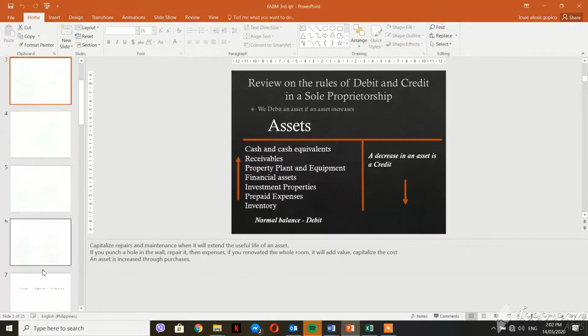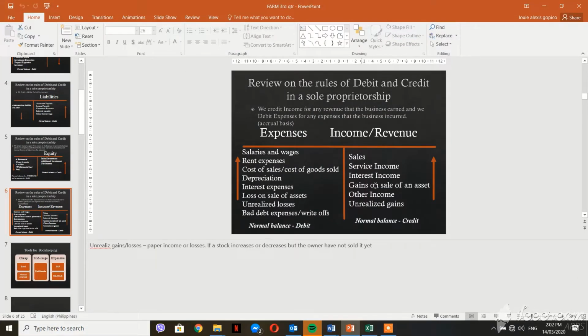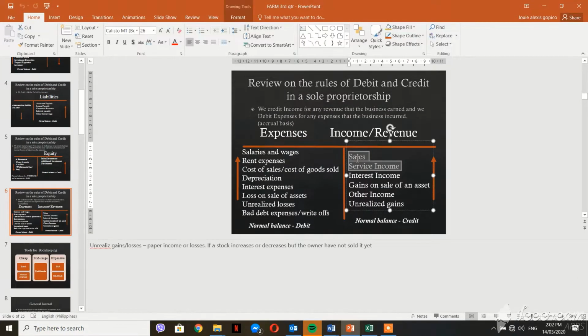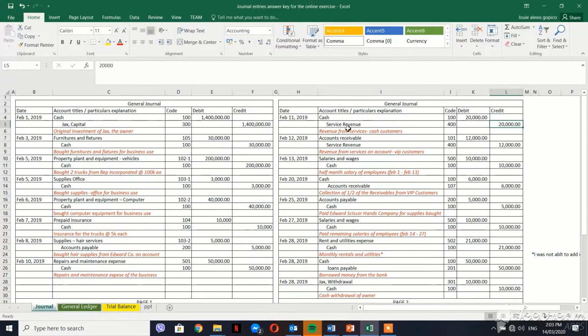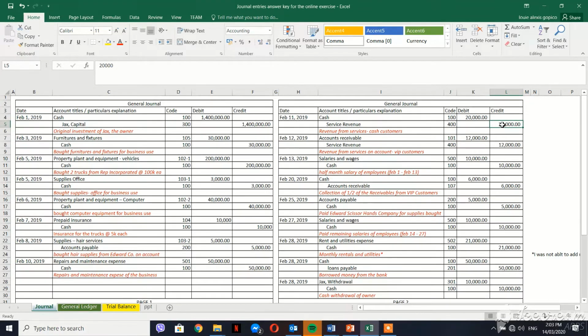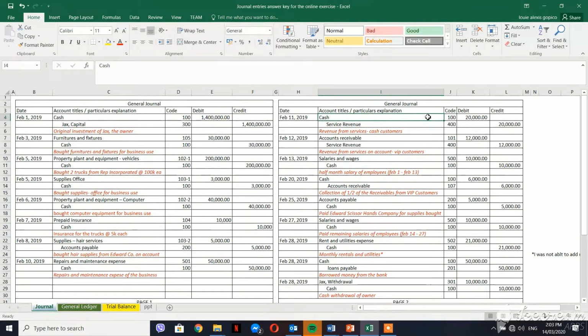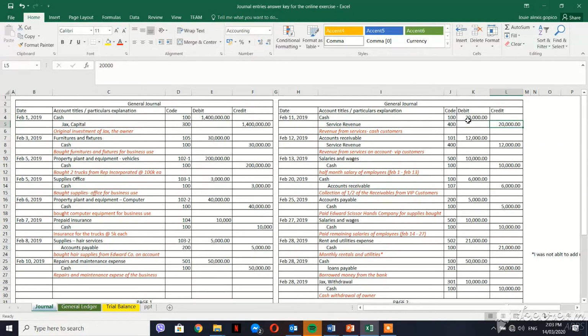See, if you look at here, di ba? Income is credit. So the normal balance of income is credit. So when there is an income, you credit. So you credit service revenue because you perform services. And you debit cash because they paid you for these services. Okay? Now moving on to February 12.